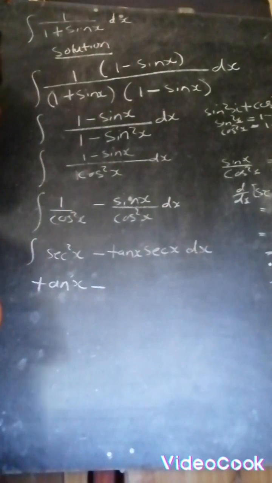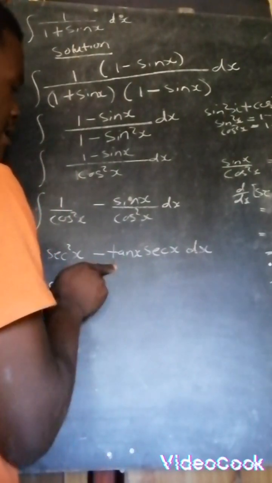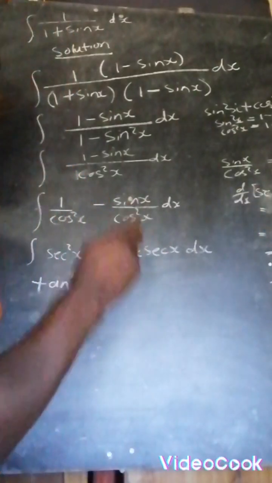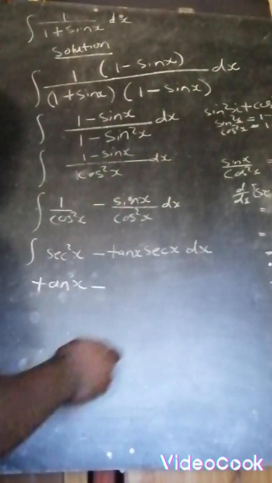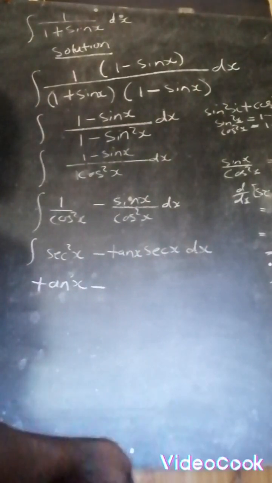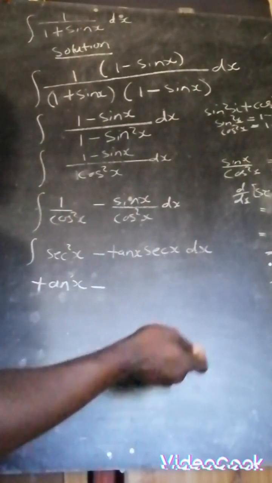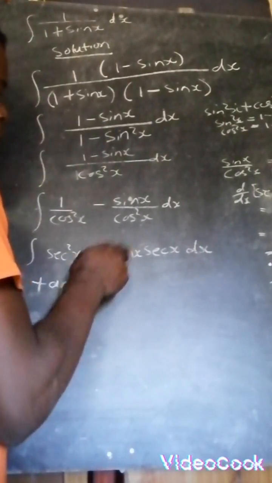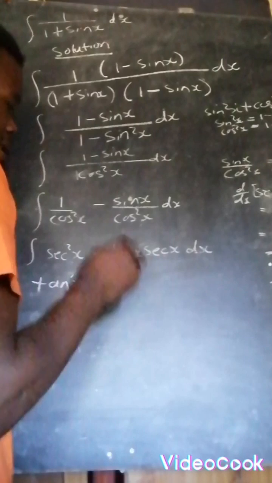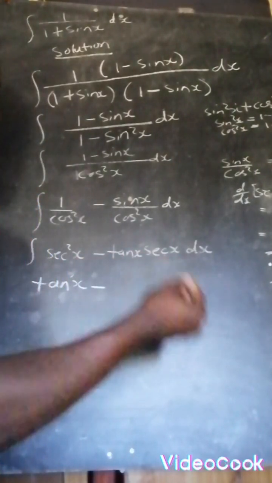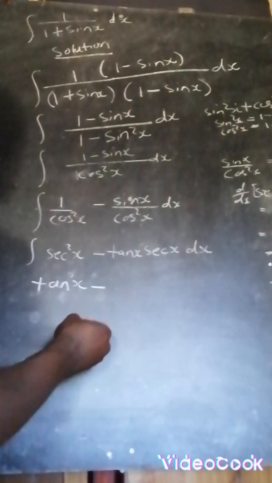Right. So now, do you see how we get this expression? We get it from differentiating sec x. But now, since integration is the reverse of differentiation, we have to do the reverse. So we have to write that expression that gives us tan x sec x after differentiating it. What is it?